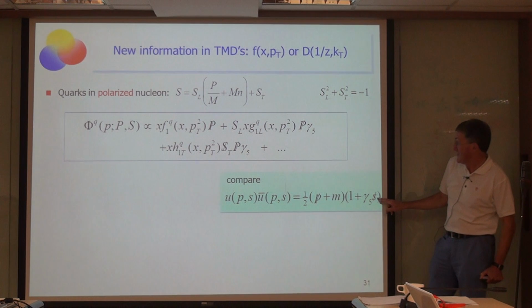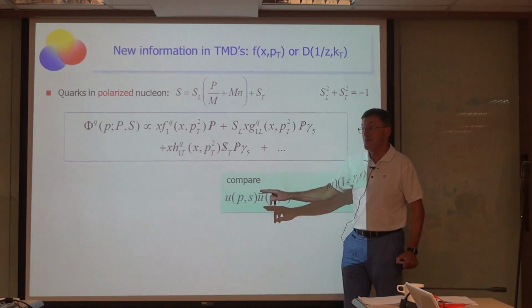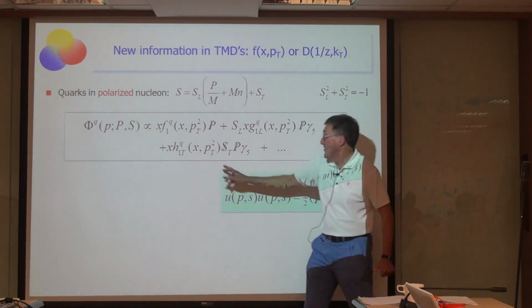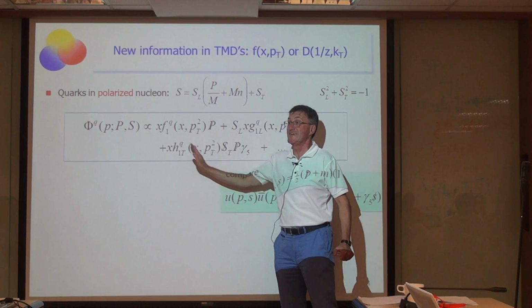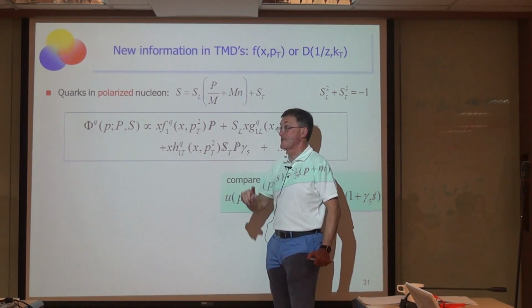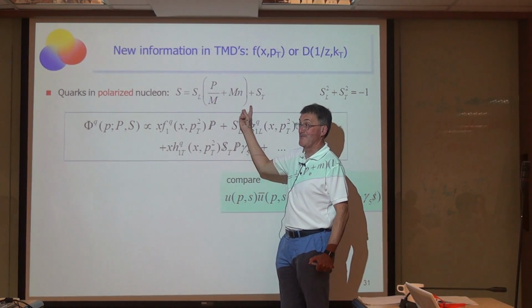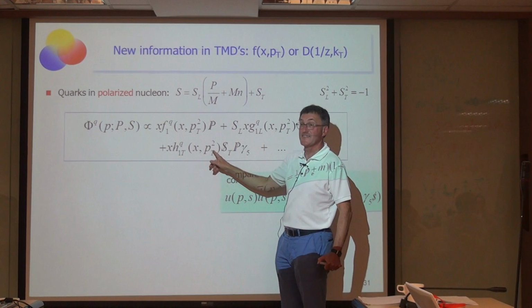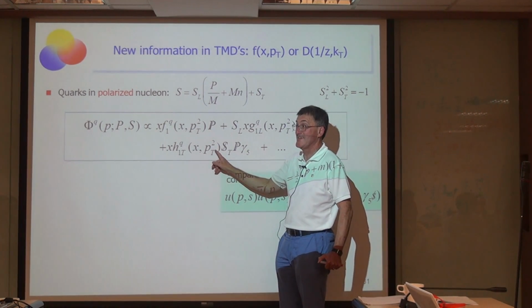So this tells you that if this is transverse, then you have transversely polarized quarks. So H is transversely polarized quarks. But it can only appear in the parameterization if you also have an ST, which means if the target is also transversely polarized.